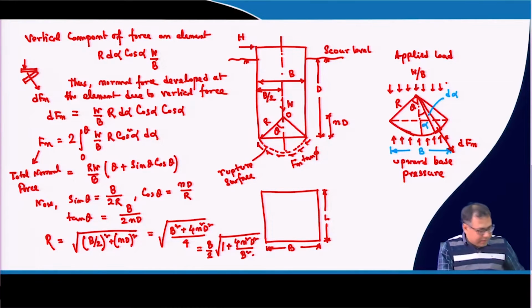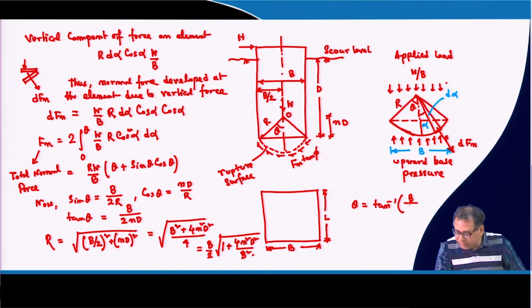So, this is the equation of R. Now I put all these values in Fn, the R, theta, sin theta. Theta is equal to tan inverse of B by 2 N D.